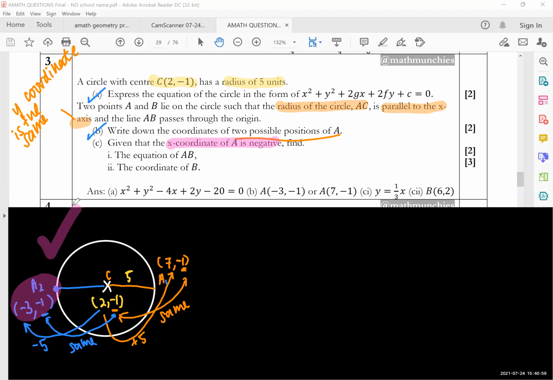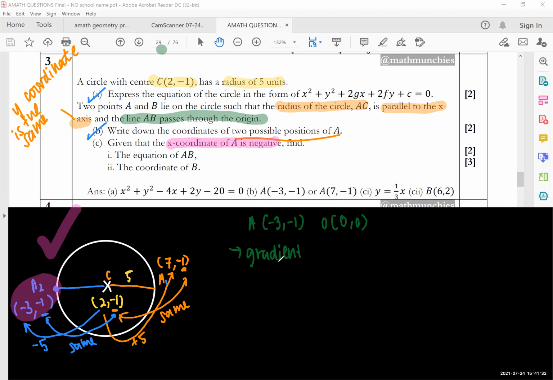Now they say find the equation of AB. Now there is very important information. What is the important information? They say AB passes through the origin, right? So if AB passes through the origin and I have the coordinate of A, which is -3, -1, and I pass through the origin 0, 0, do you think from here I can find the gradient of AB?